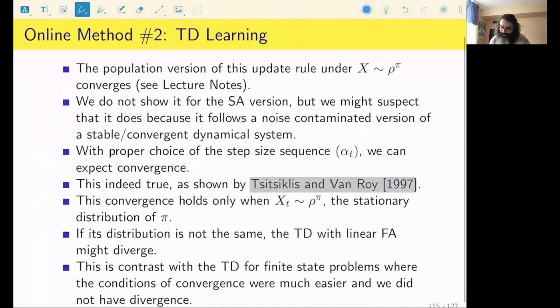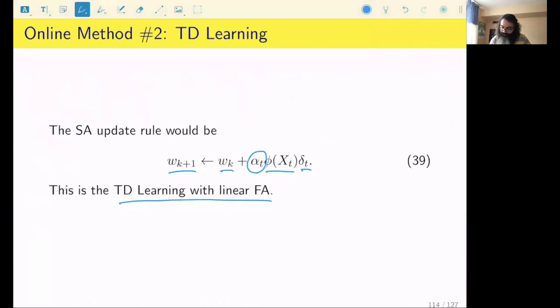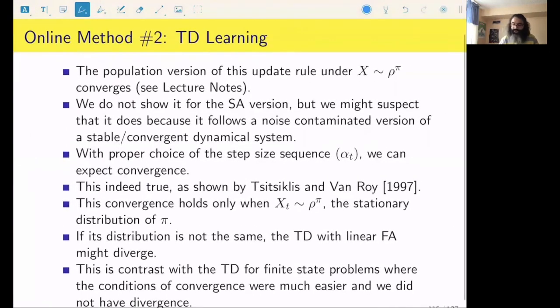Okay, a few comments. The population version of this update rule, when x comes from the stationary distribution, converges, and I think we have it in the lecture notes. We don't show it for the stochastic approximation version. We know the deterministic part converges to the true value, but what about the stochastic part?